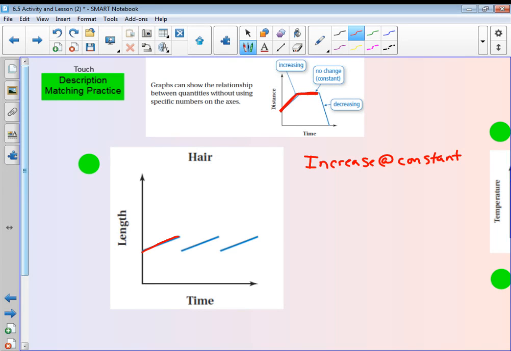There's a break in time, and it looks to me like maybe this was 8 inches and it went up at a constant rate to say 10 inches. Well, what's happening here? We're back down to 8 inches. So we had a break in time there. So then I would say it decreased. So maybe it instantly decreased.